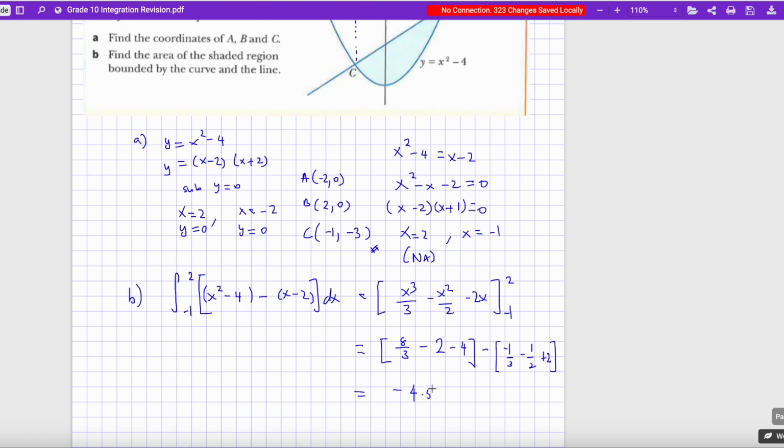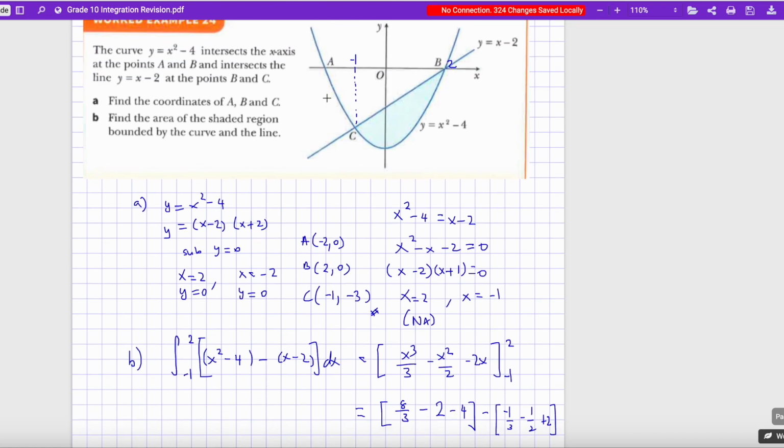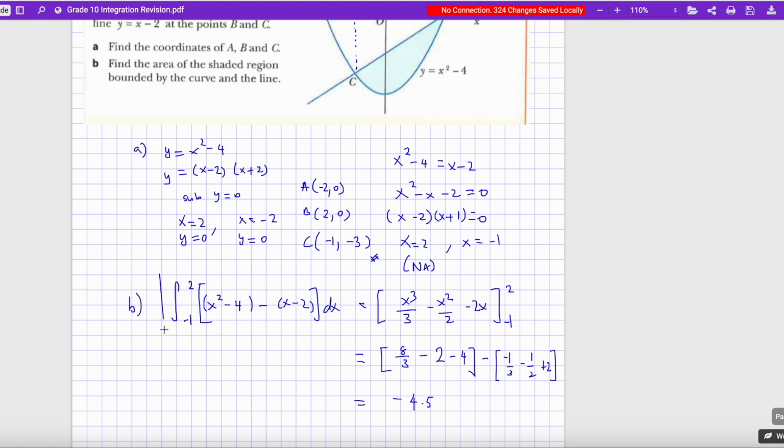Like I said, I already predicted that the area is going to be negative because it's below the x-axis. So we're just going to put the modulus sign all across. That should be it. So you get the area of 4.5 units squared.